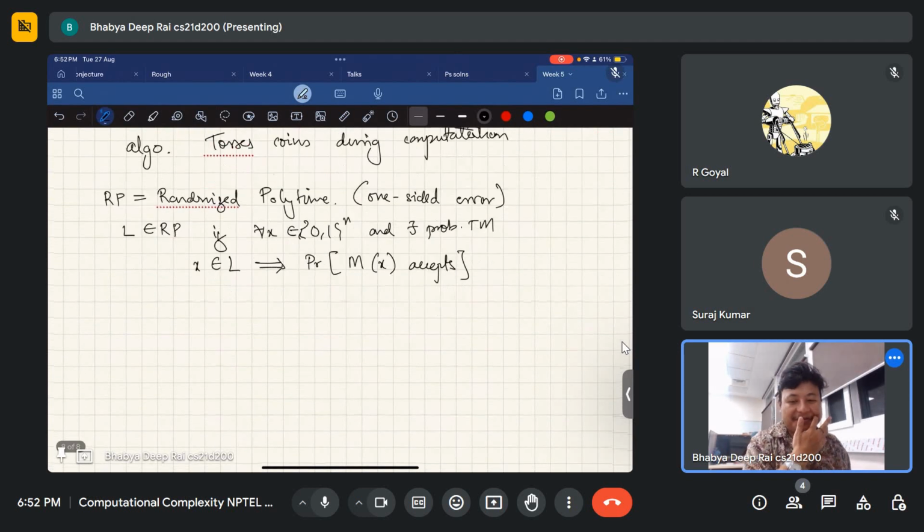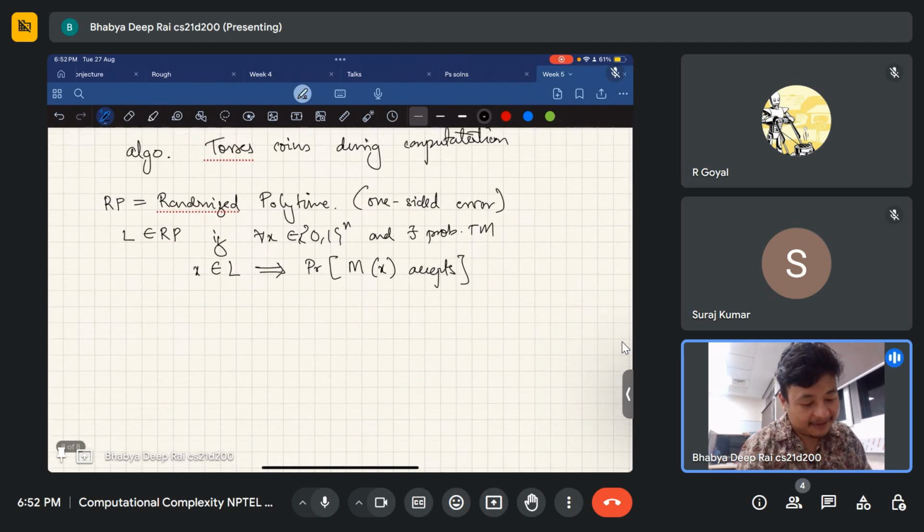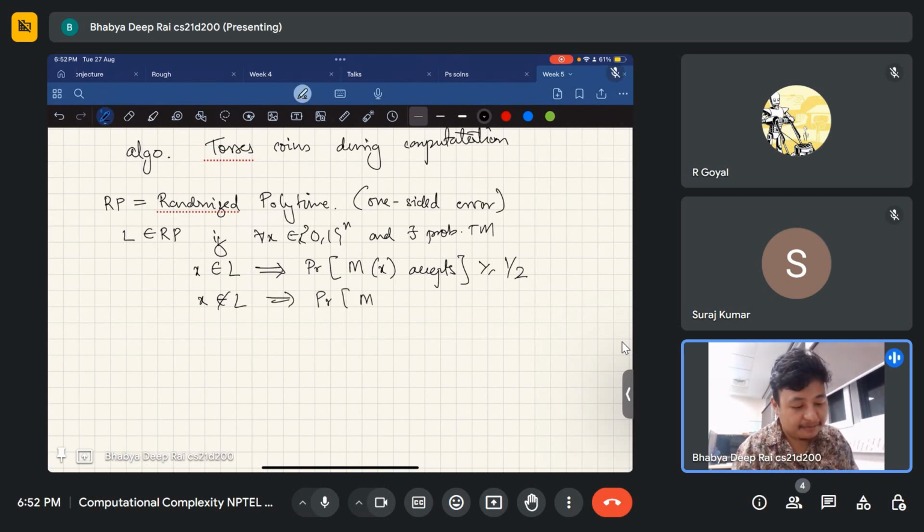So the probability that M on x accepts is at least half. You have this guarantee, and if x does not belong to L, then the probability that M accepts is equal to 0. So there is no error if it does not belong.